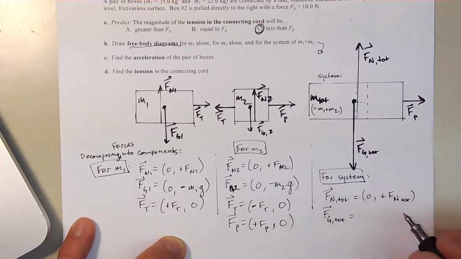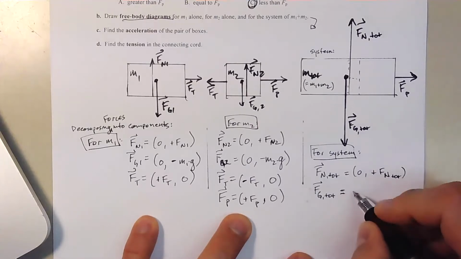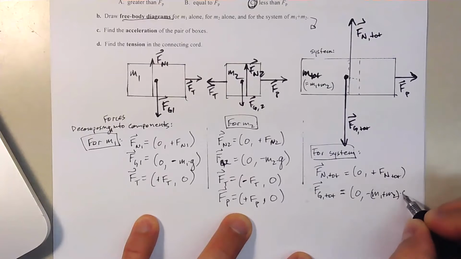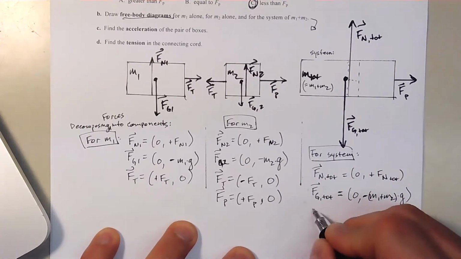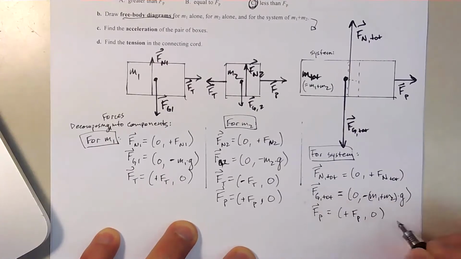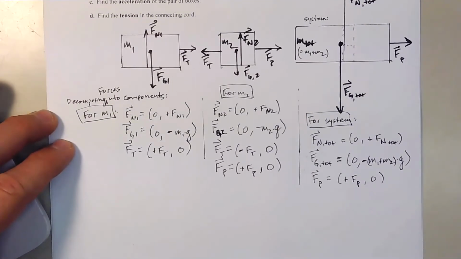But I want to just show you the complete thorough method because there are problems and cases where you would want to use all of them. So that's the weight of the whole system. Okay. All right. So now the last step of a dynamics problem is to then apply Newton's second law.